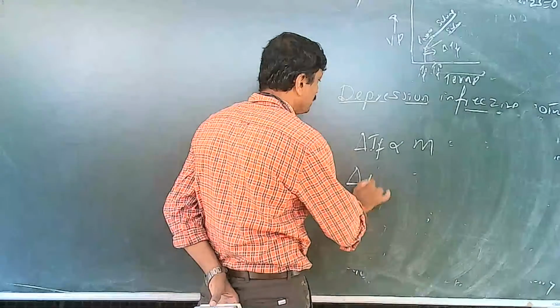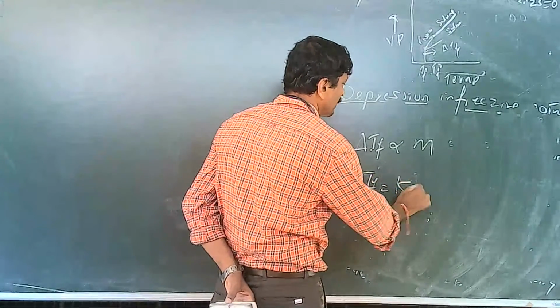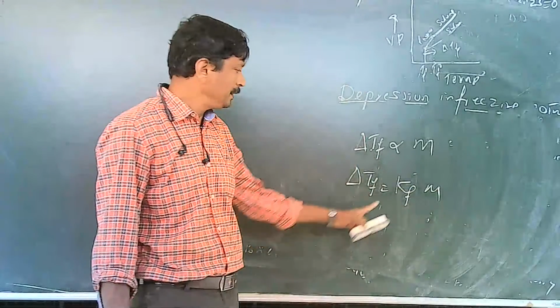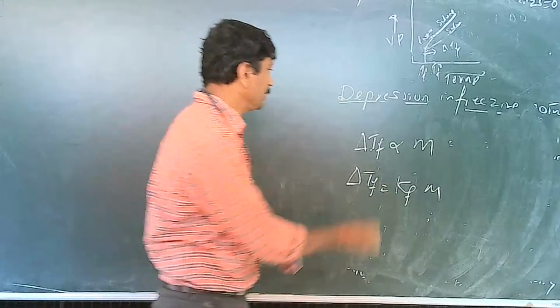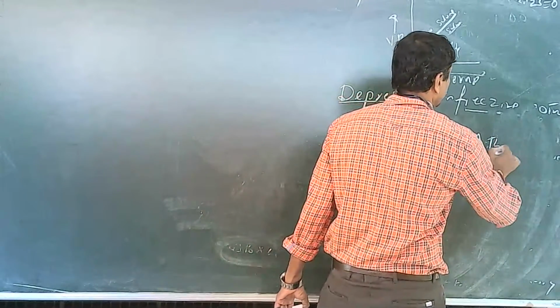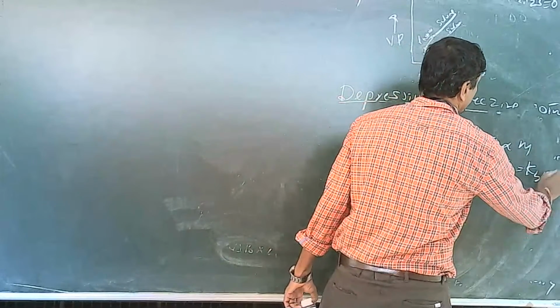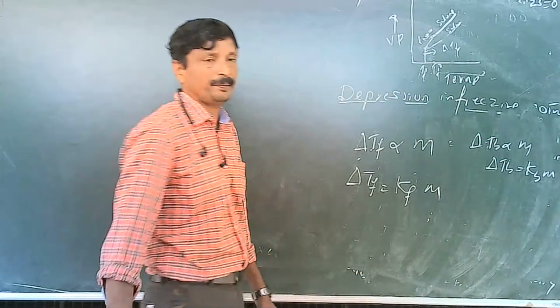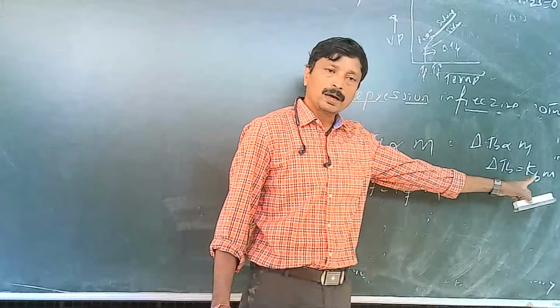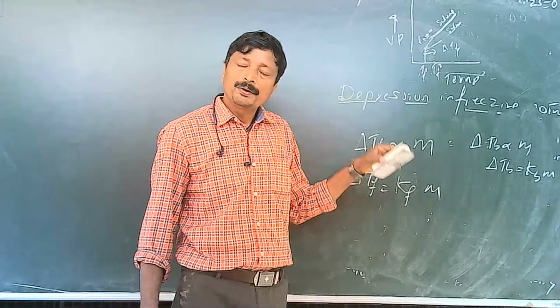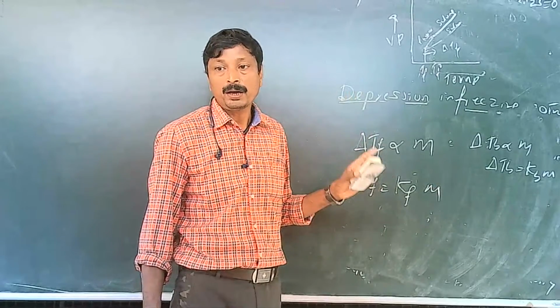So delta Tf is equal to Kf into m. There we wrote delta Tb is proportional to m, and delta Tb is equal to Kb into m. Here it is Kf into m. What is Kb? Molal elevation constant. Then what is Kf? Molal depression constant.